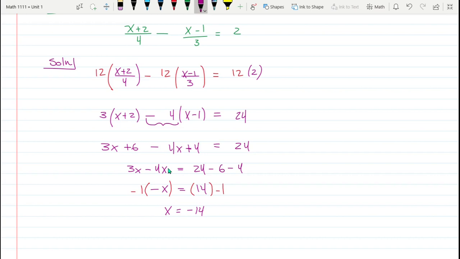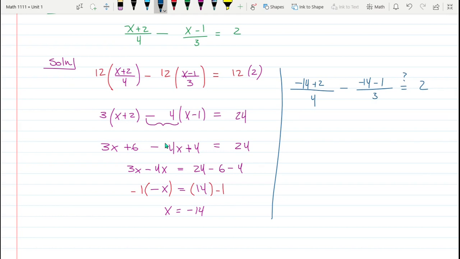And just to double check, we would need to plug it into the original and see if that's actually the correct solution. So let's do that. Negative 14 plus 2 over 4 minus negative 14 minus 1 over 3, and you're wondering, is that equal to 2?